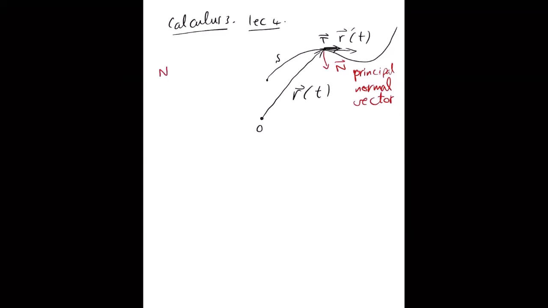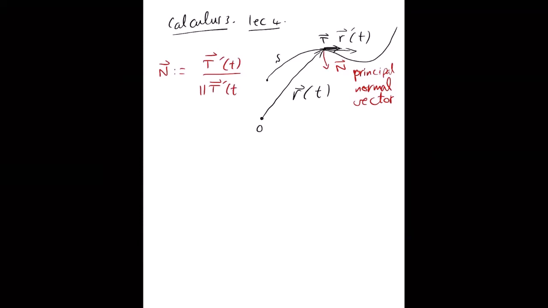Principal normal vector N is defined by T prime, the derivative of vector T, but we have to divide it by its magnitude, because T is a unit vector, yes, but its derivative is not necessarily a unit vector as well.